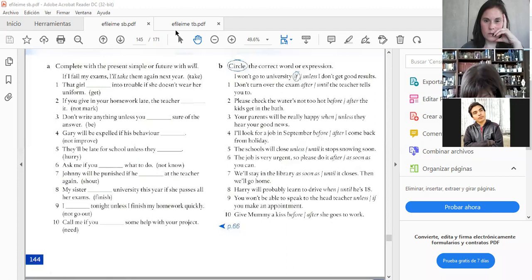Harry will probably learn to drive when he's 18. Excellent. Very good. You won't be able to speak to the head teacher unless you make an appointment. Okay, and number 10. Give mommy a kiss before she goes to work. Excellent. Very good.